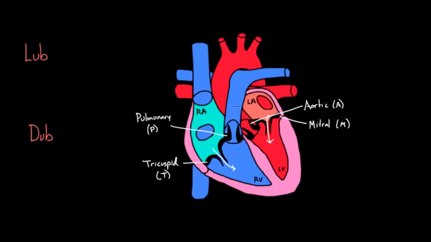So let's say some blood is trying to go that way, which is not the way it should be going. Based on their shape, these two valves are going to jam up like this, and they're not going to let the blood pass through.